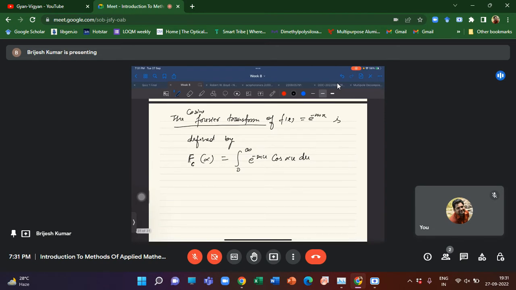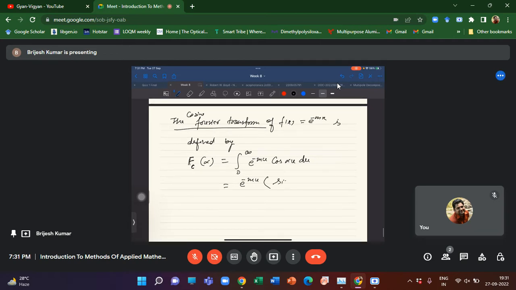Okay, so e to the power minus mu will be the same, and the integration of this one will be e to the power minus mu, sine alpha u into alpha minus m cos alpha u, upon m square plus alpha square, from 0 to infinity.